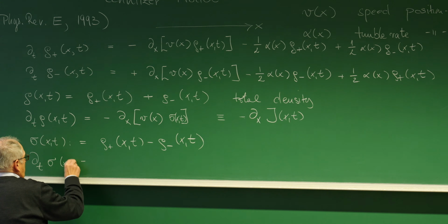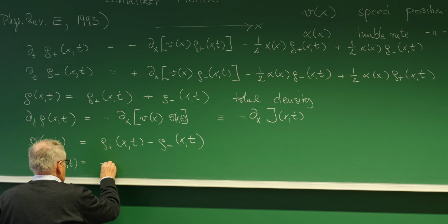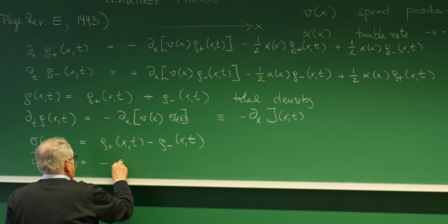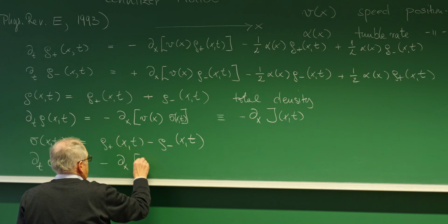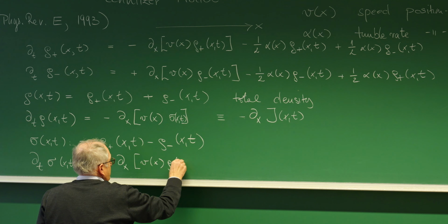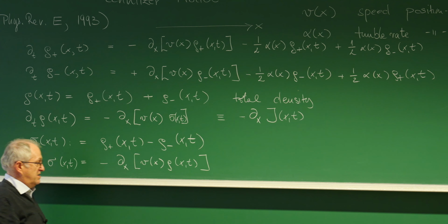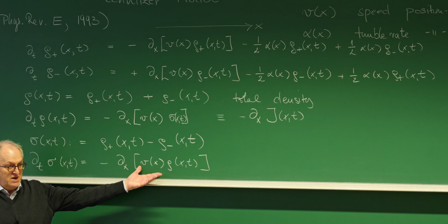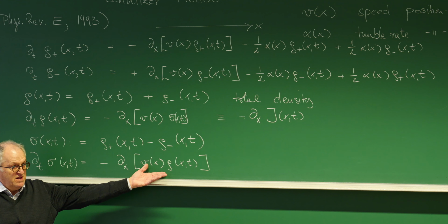This dt sigma of x and t is then, as you take the difference of the two, of course things don't cancel out, but you get a drift term, basically from the total density, v times the total density, and then all the other terms simplify to minus alpha times sigma of x and t. Those are our two equations. I have one for the total density, and that's a conservation law.